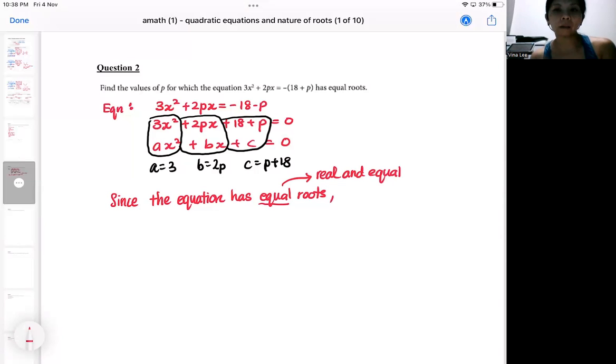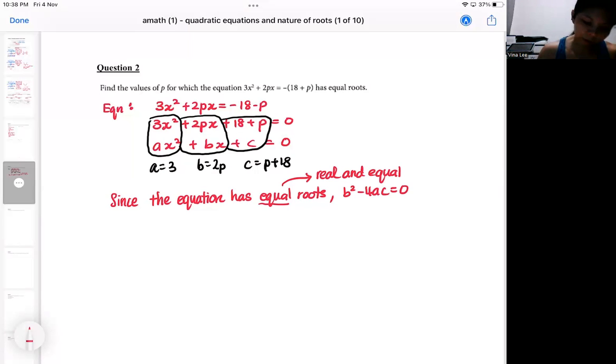So what is the condition for the discriminant? The condition for the discriminant is that it is equal to 0. So now we're going to work backwards. Right now they are telling me that this one has equal roots, so being equal roots means that the discriminant is equal to 0.